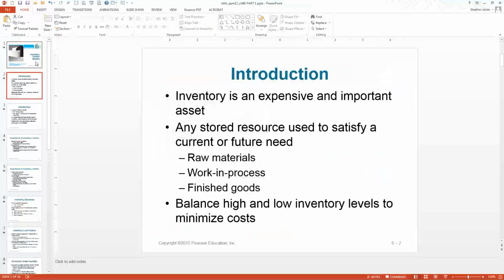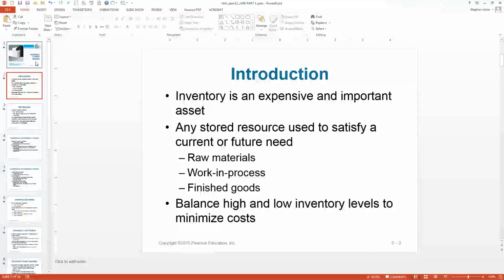So as we do an introduction here, basically one of the most expensive and probably most difficult to move assets that you have. One of the least liquid of your liquid assets is going to be inventory. And if you remember from your accounting, your current assets would include cash, receivables, as well as inventory.